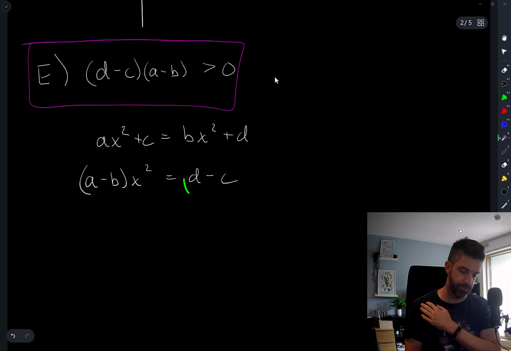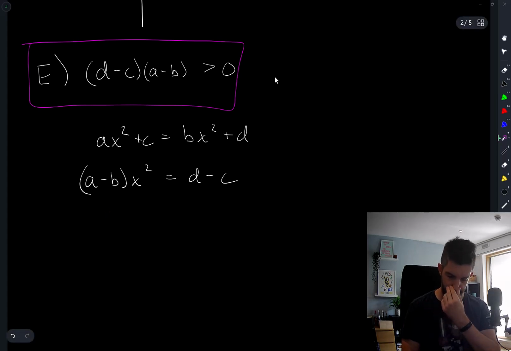Okay, if d minus c is equal to 0, that means either a minus b is equal to 0 or x is equal to 0.